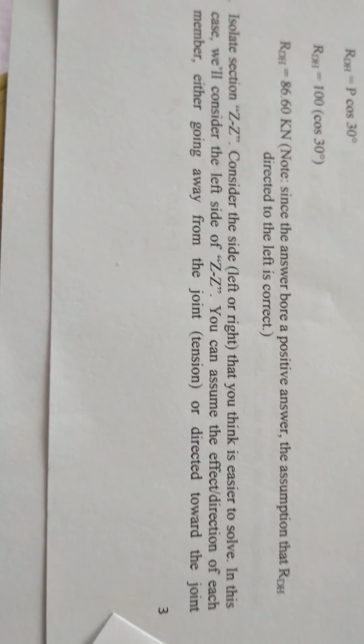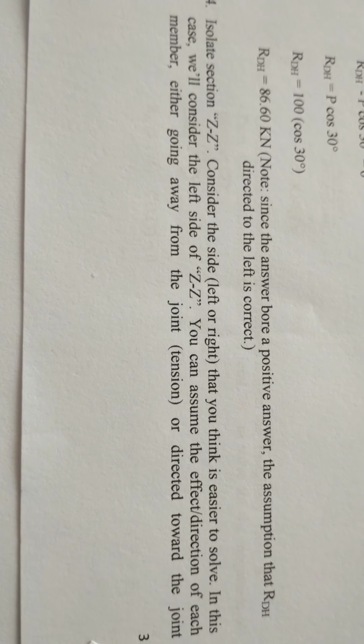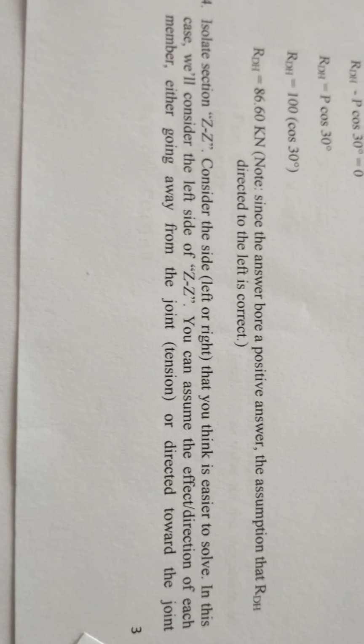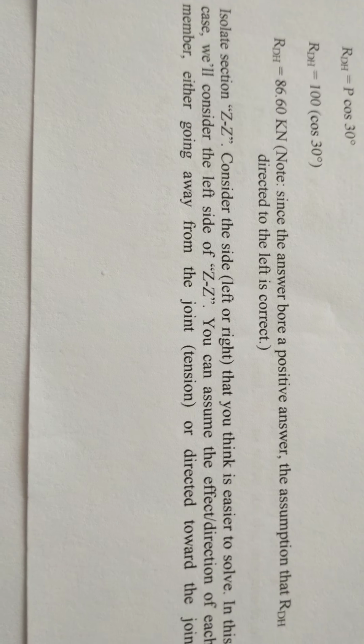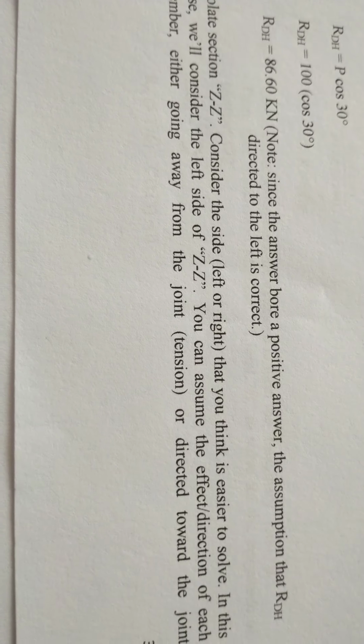So next is isolate section ZZ. Consider the side, left or right, that you think is easier to solve. In this case, we'll consider the left side of section ZZ.